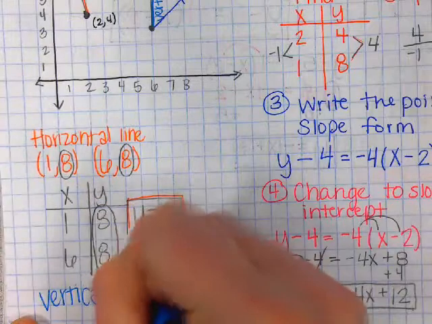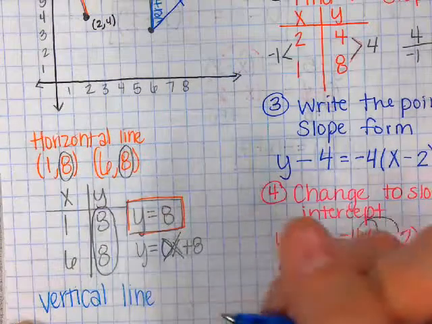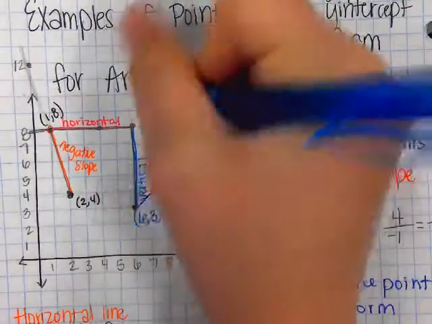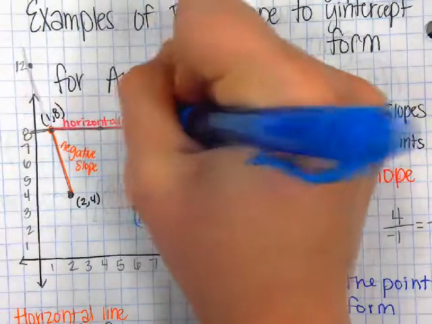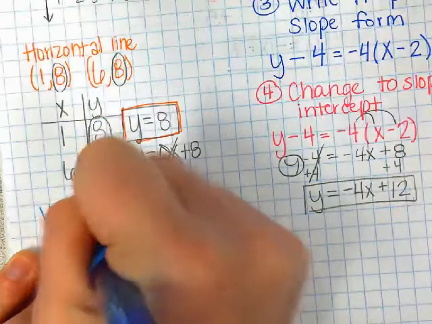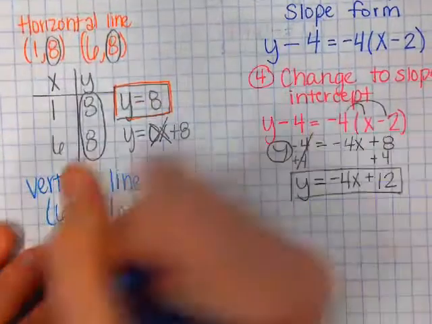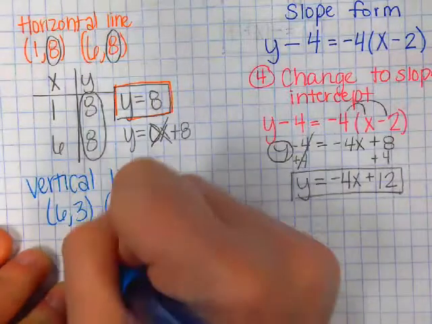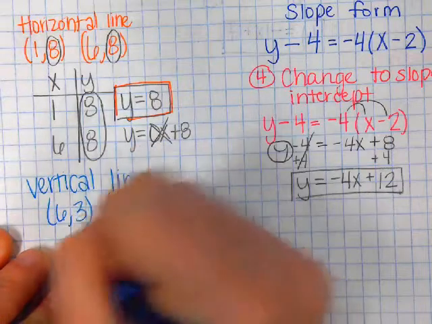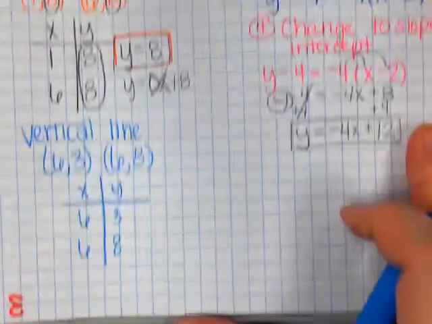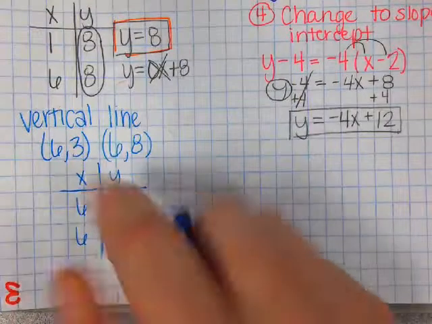Vertical is just the same. Again, identify the points. So I have 6, 3 and 6, 8.